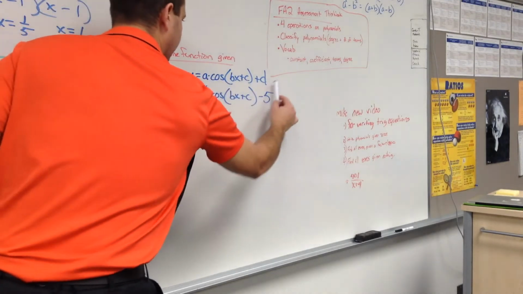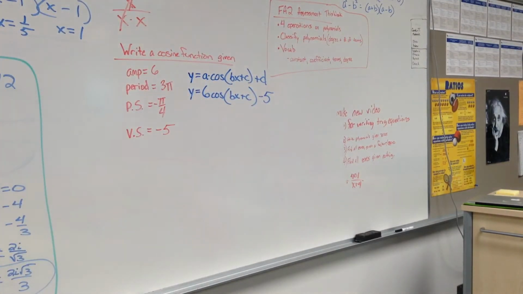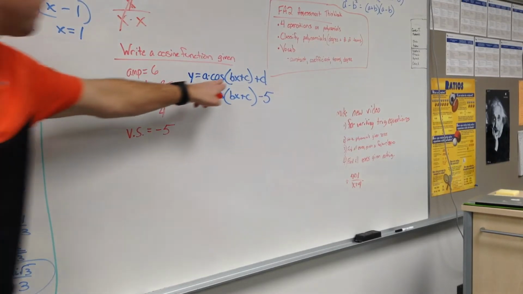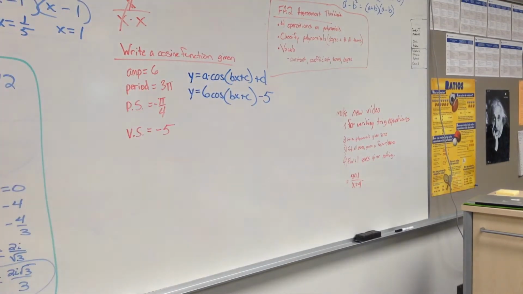Here's what I would tell you. When you are given an equation and asked to find the period, what math do you do? You do 2 pi divided by the b value, right? So if the b value was 10, you take 2 pi divided by 10, and that would be the new period.